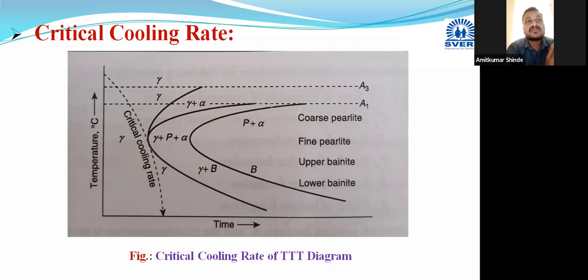As the carbon percentage is low and no other alloying element is present, the critical cooling rate will shift towards this side. It will be very near to the temperature axis, which means to get martensite and do the hardening, we require very rapid quenching or very rapid cooling.